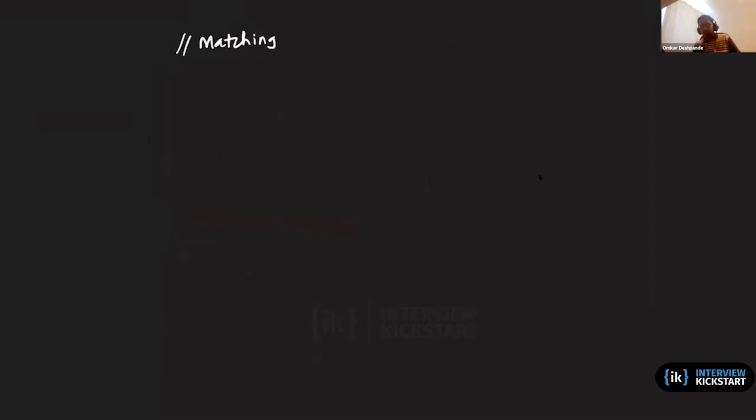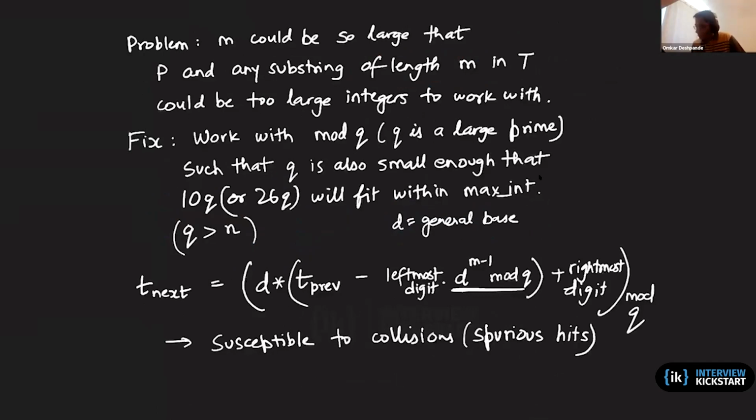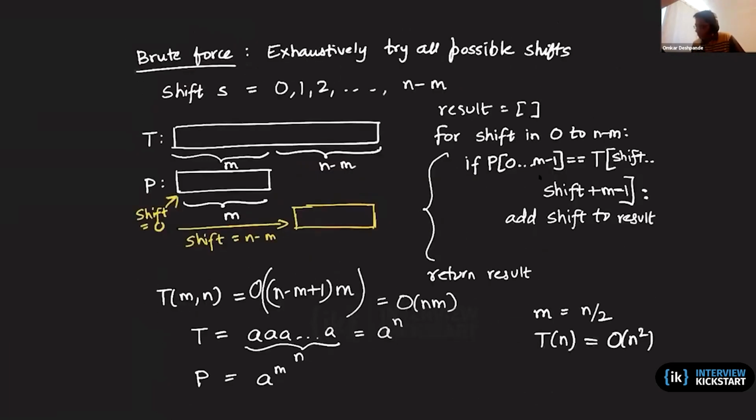We have this fixed length. So actually let's go back to the brute force. What we had in the brute force was a simple loop like this. For shift in the range from 0 to n minus m, all that we are doing now is doing this equality. So that's what we're going to do.